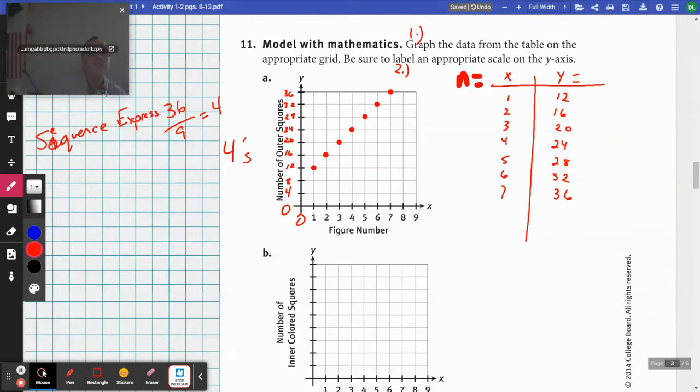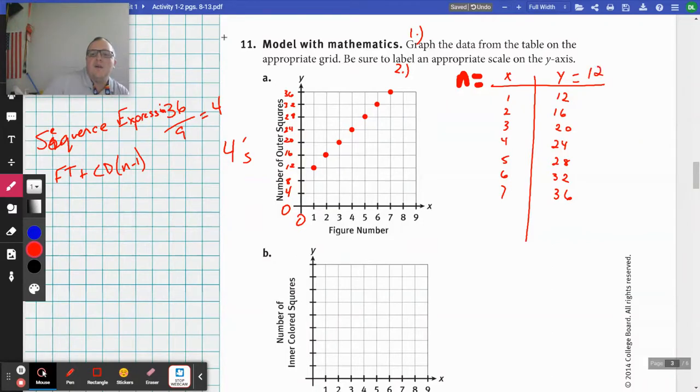Our sequence expression of first term plus the common difference times n minus 1. So our first term here was 12. Our common difference was 4, n minus 1. All right, and that's how we came up with this.